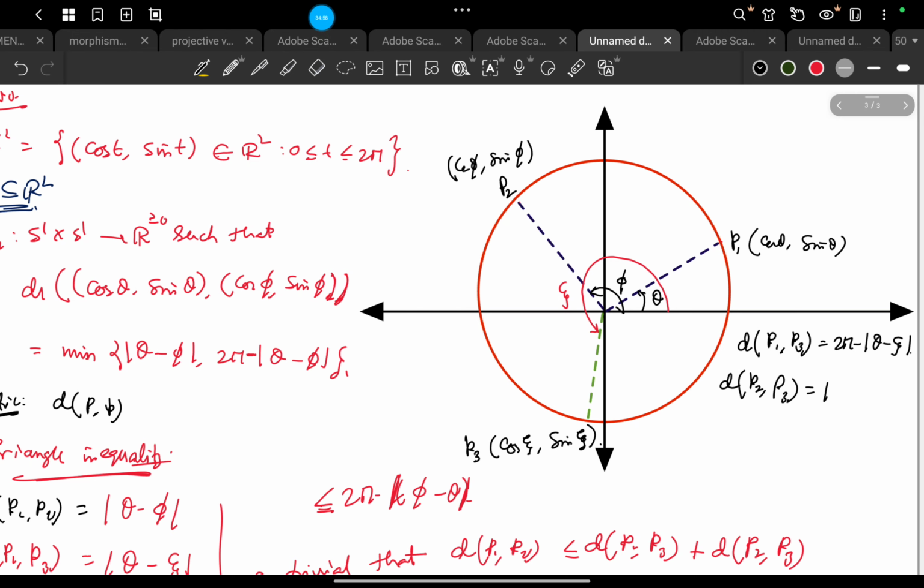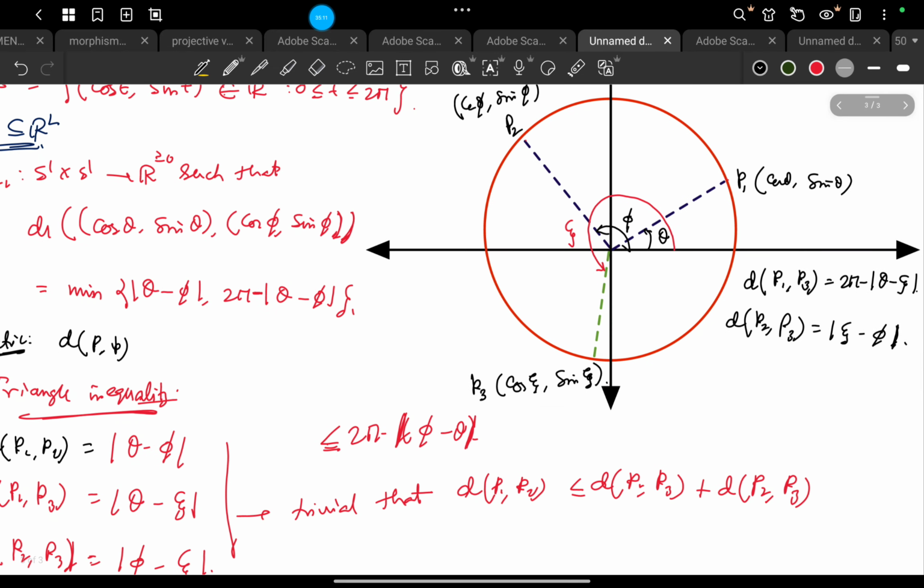It is mod of xi minus phi. From this picture it is clear that xi is larger than phi, so you can omit the brackets.